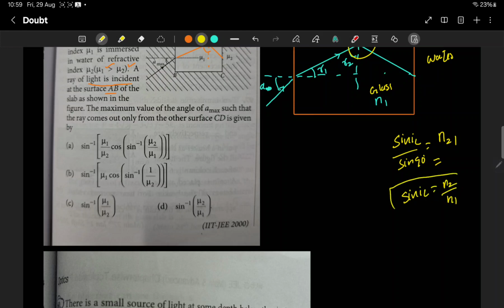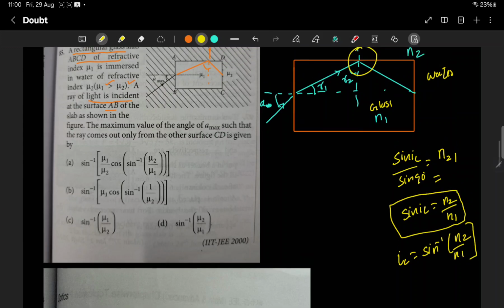This is the formula for the critical angle with respect to two different media. So the critical angle is sine inverse of N2 by N1.